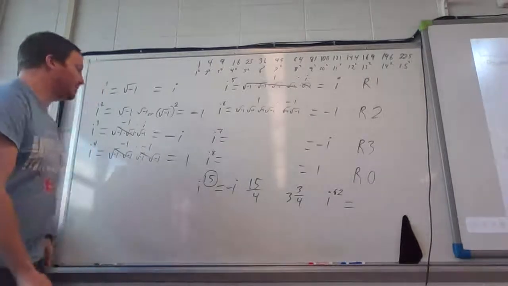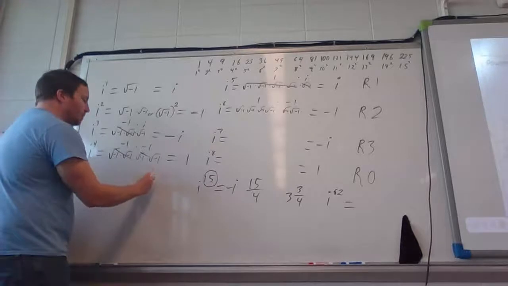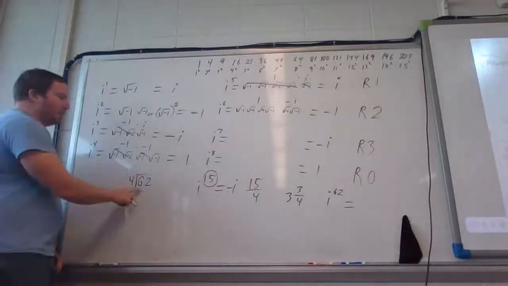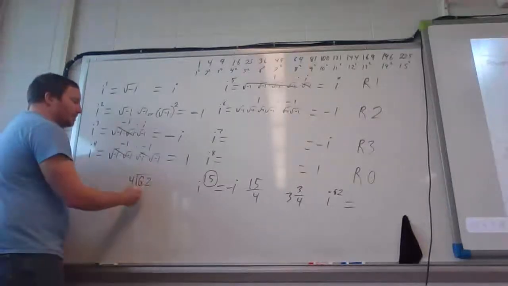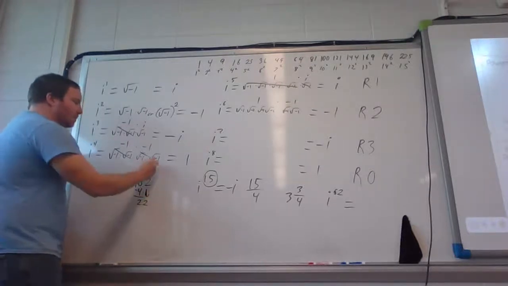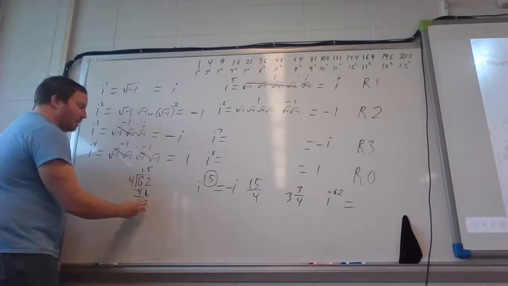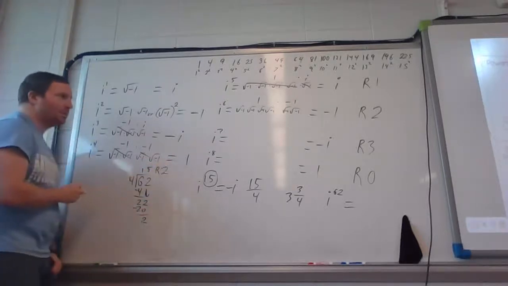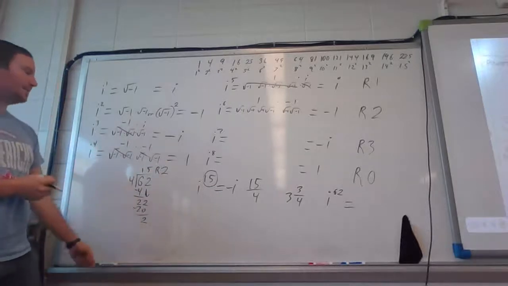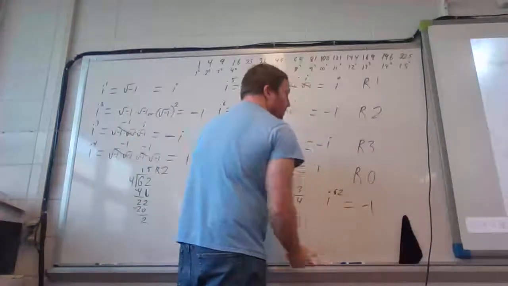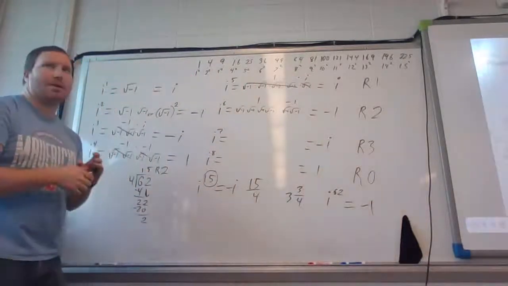Again, we can do our long division if we want to. 4 goes into 6 1 time. Bring down your 2. 4 goes into it 5 times, we get 20. So we have a remainder of 2, meaning i to the 62nd power is equivalent to -1.